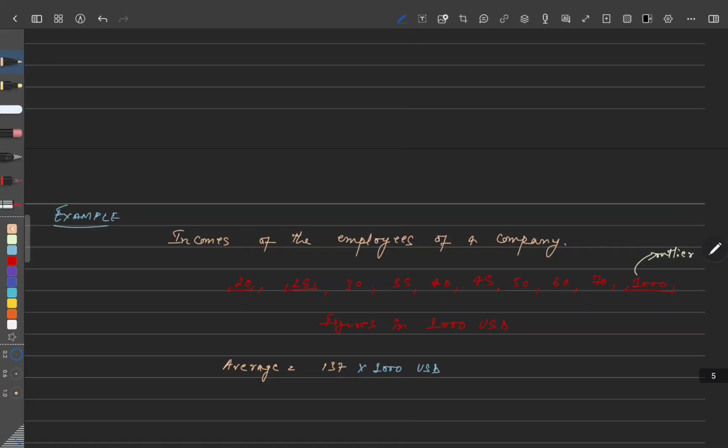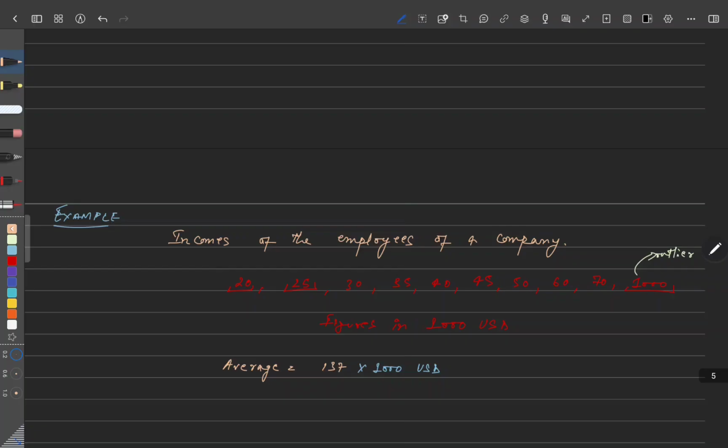Clearly this doesn't represent the typical income of the employees, right? If you eyeball the data, you can clearly see that only one employee has that much amount. Only one employee has income which is greater than 100. That is this outlier. So how can we say that average income of all the employees in this company is 137? That is a very wrong number, very much affected by the outlier.